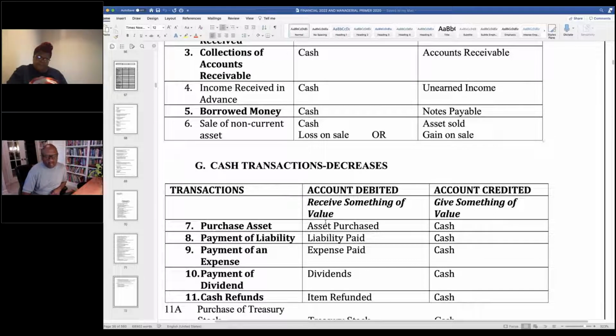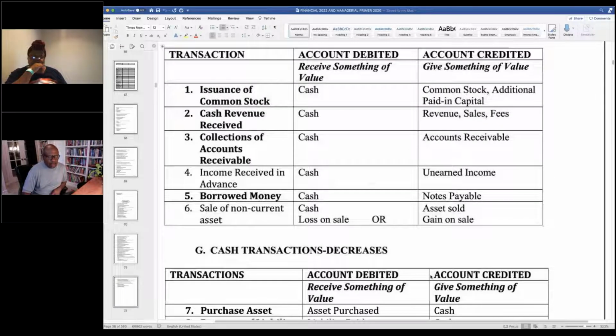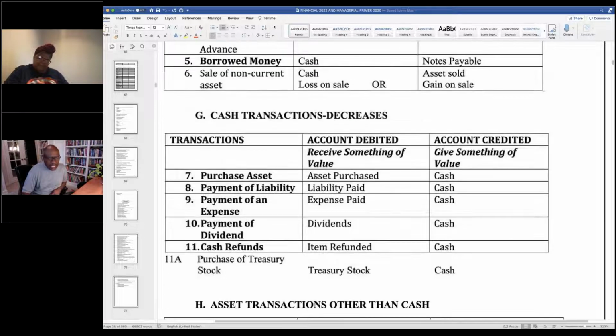And we debit what we spent the cash on. So if we got an asset, something of value, then we gave up cash for that. We paid off a liability, gave up cash for that. Expenses, dividends. So your first question is always: did I get cash? Then I have to pick something over here. Did I pay cash? Then it's got to be 7 through 11.